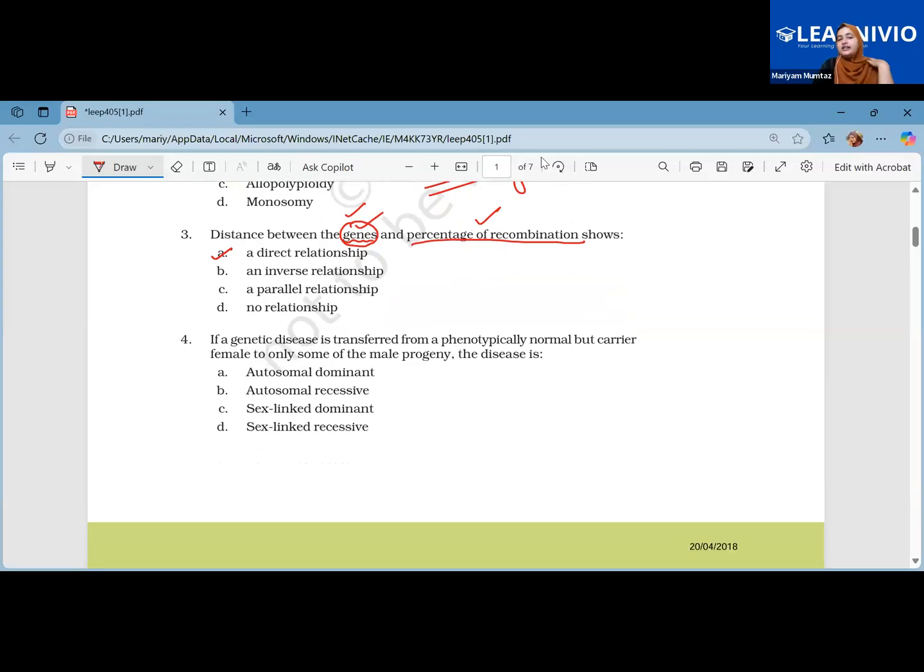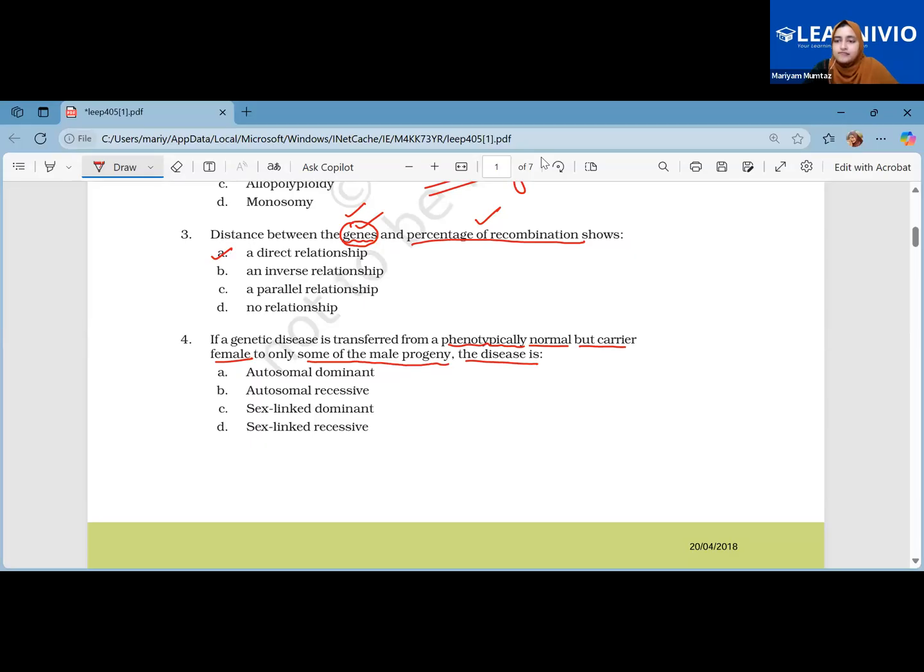Okay. Now, if a genetic disease is transferred from a phenotypically normal but carrier female to only some of the male progeny, then the disease is... Autosomal dominant. Is it? How, ma'am? Yes, Nara?